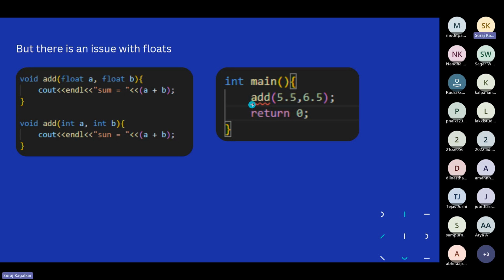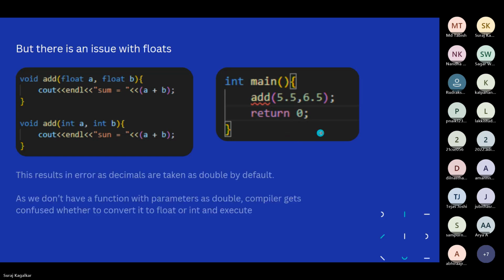Okay, let's go through it one by one. I'm passing 5.5 and 6.5. What data type do you think 5.5 is? Is it a float? Is it an int? Is it a double? What is it? No. Unfortunately, decimals are taken as double by default.